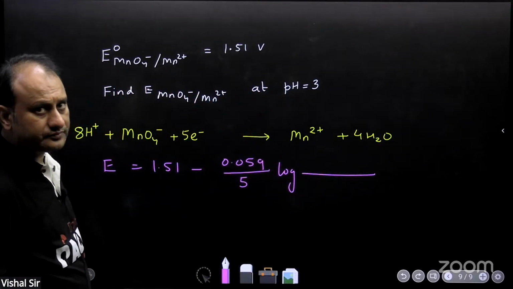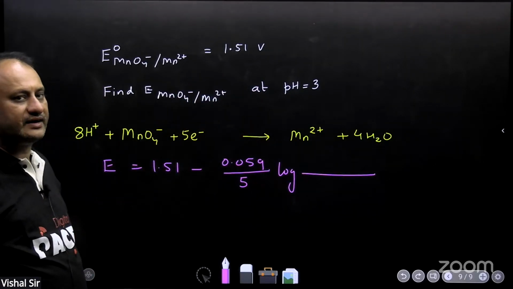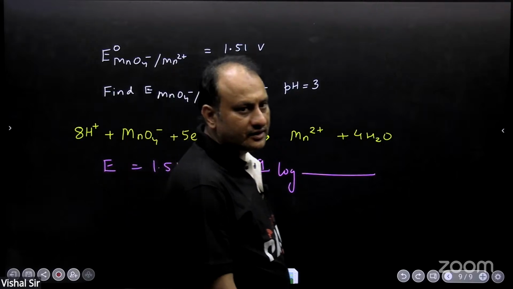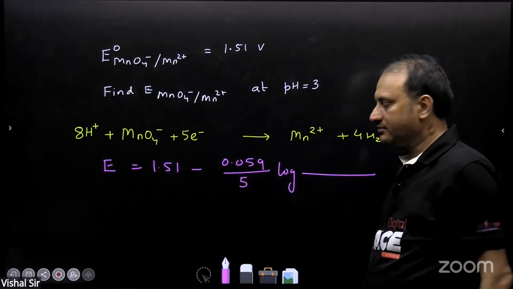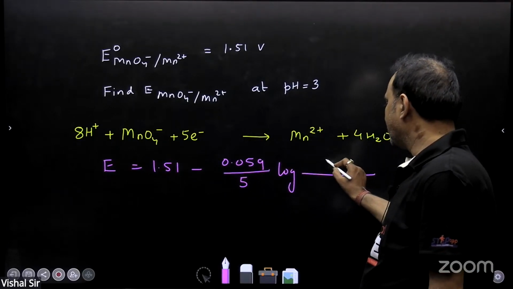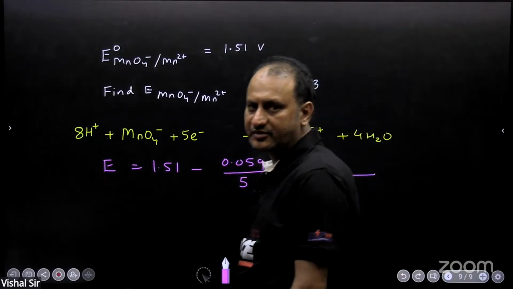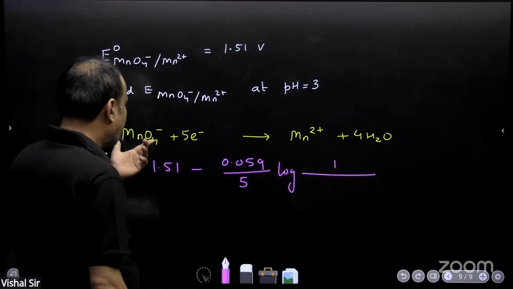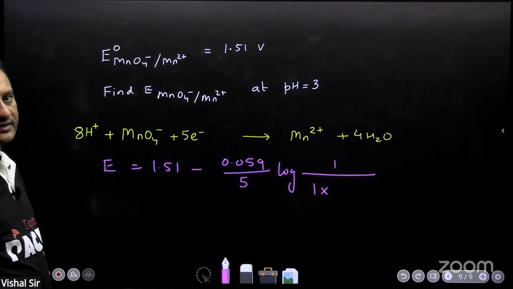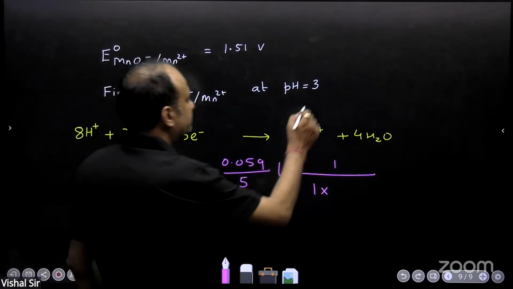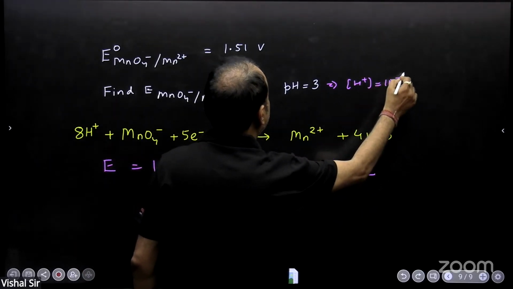let's write Q. We are only given pH 3. We are not given anything about molarities of other ions. So in this case, molarities of other ions we will assume to be 1. So this Mn2 plus molarity we will take 1. Water anyway is solvent and its active mass will be taken 1. MnO4 minus we will again take 1. But H plus, pH is 3, means molarity of H plus is 10 raised to -3.